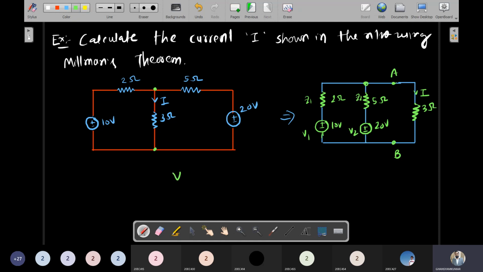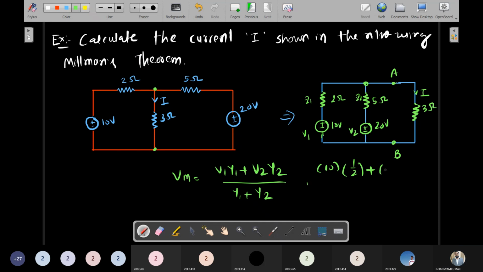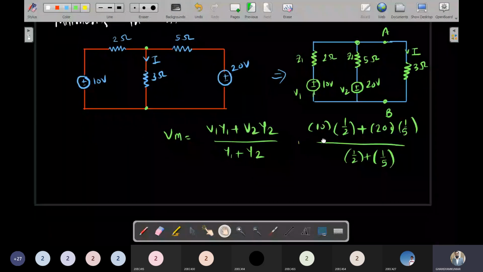Use the equation Vm equal to V1 Y1 plus V2 Y2 upon Y1 plus Y2. Here V1 is 10, Y1 is 1 by 2, V2 is 20, and Y2 is 1 by 5, upon Y1 which is 1 by 2 plus Y2 which is 1 by 5. Just do the simplification and tell me the answer quickly.